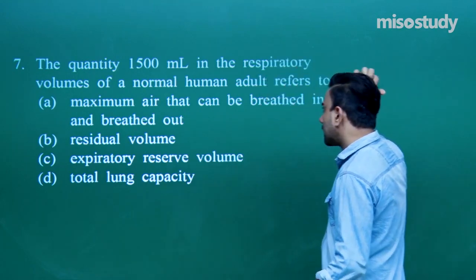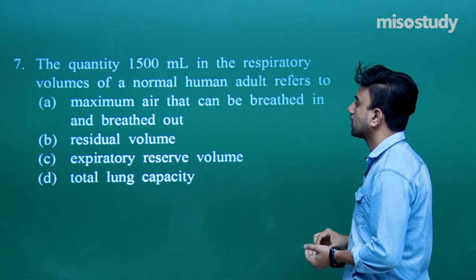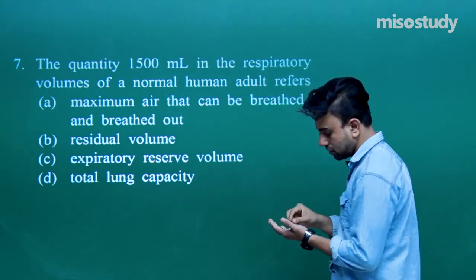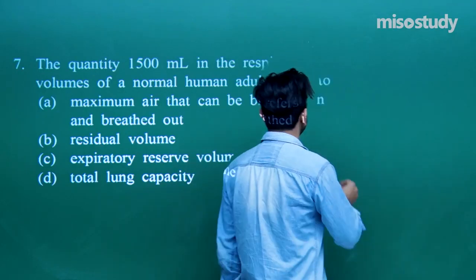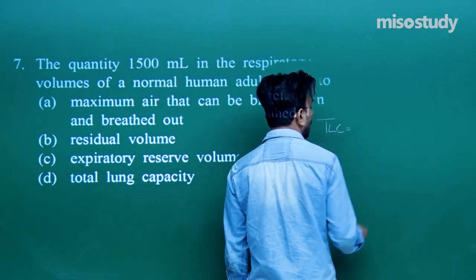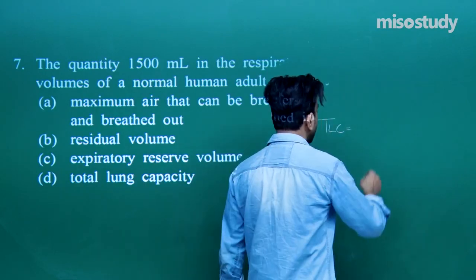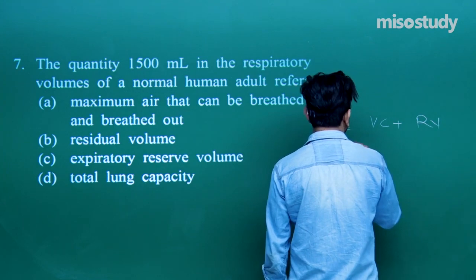The quantity 1500 ml in the respiratory volume of a normal human adult refers to, right. What we have already talked about is the total lung capacity, which is equal to what? Which is equal to the vital capacity plus the residual volume.